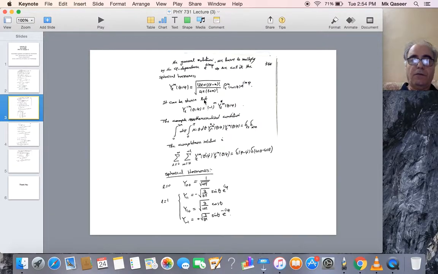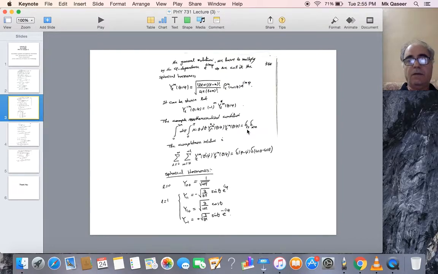The completeness relation, the orthonormality condition for these spherical harmonics, is given by the integral of d phi sine theta d theta of Y_L'^m' star times Y_L^m of theta and phi, where theta runs from 0 to pi and phi from 0 to 2 pi.